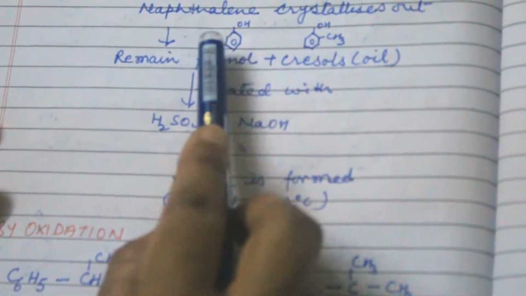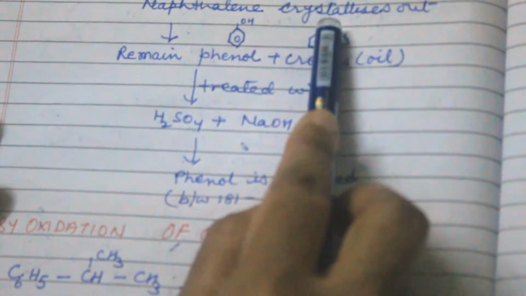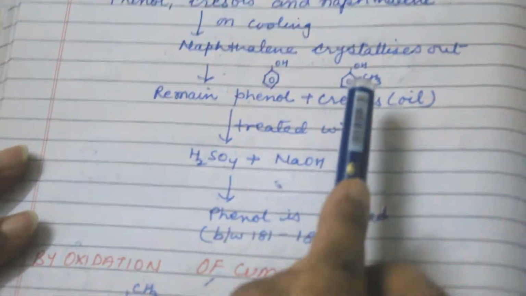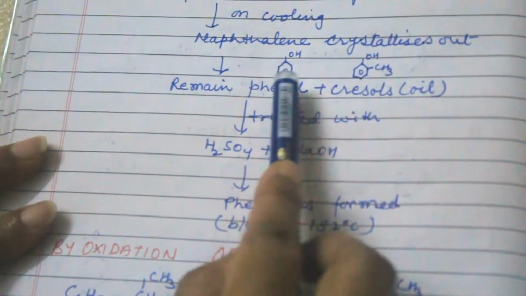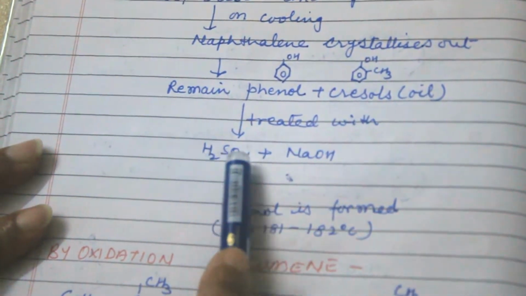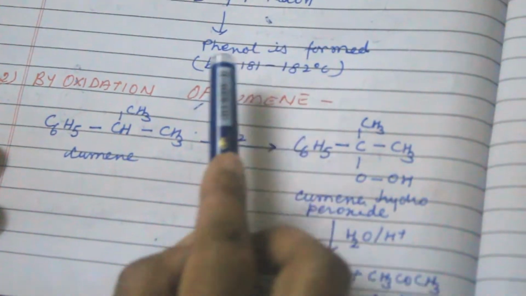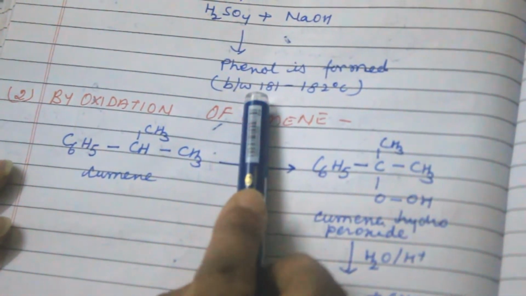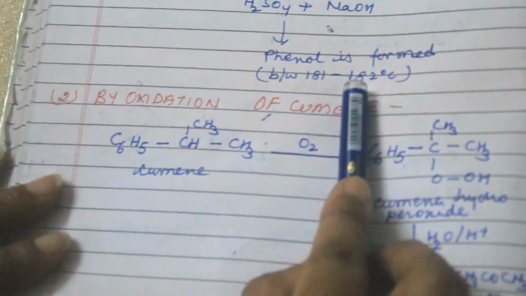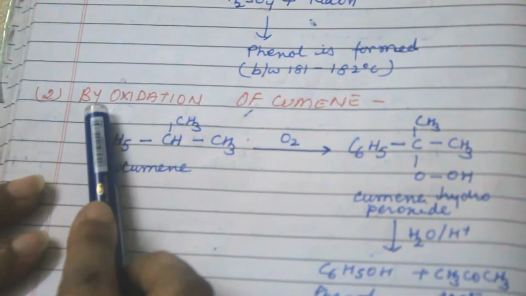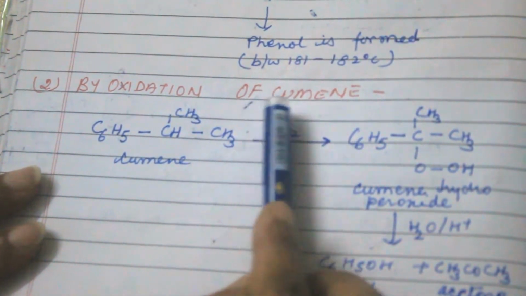So there is not much difference in it. Only a methyl group is there in glycerol. When both of them are treated with H2SO4 and NaOH, it forms phenol at between 181 to 182 degree centigrade.